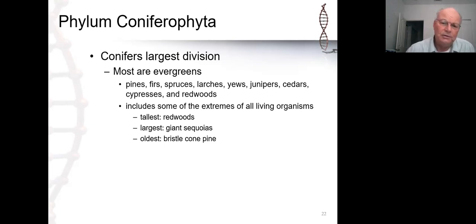That's why they have needles. Needles are leaves that are modified to reduce water loss. If you look at a needle under the microscope, and hopefully you looked at the images of the needles in the lab last week, you'll notice that there's a groove that runs the length of the needle on the underside. That's where the stomata are located, the openings that allow gas exchange and also lead to the loss of water via the leaves.